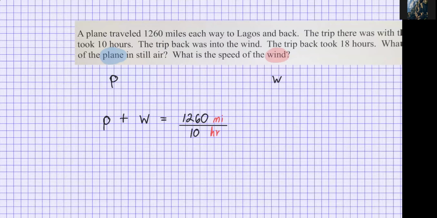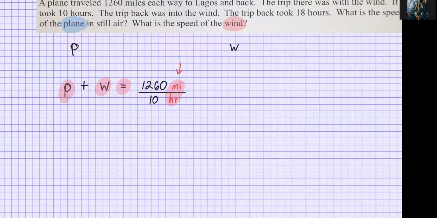Now, I'm writing the units in here because it is important that we respect this equality. If this is the speed of the plane and this is the speed of the wind, obviously we have to make them equal to another speed. So in our first equation, we will have that the plane plus the wind equals 126 miles per hour.